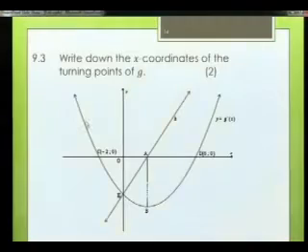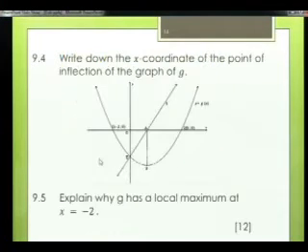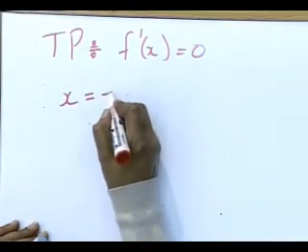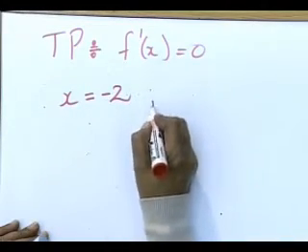This is my derivative. So where's my derivative naught? At that point. So what's the x value? I'm sorry, I must go back. I clicked by accident. At that point, my derivative is naught. They want the x coordinate. So I know my one turning point will be at x equals minus 2.